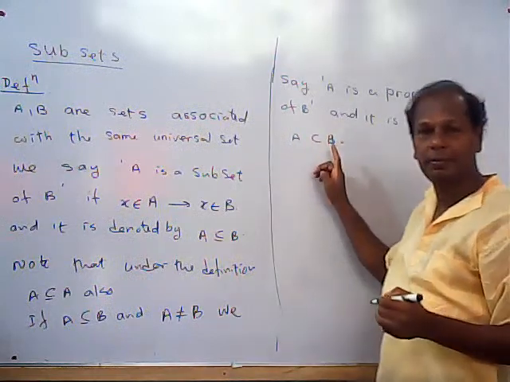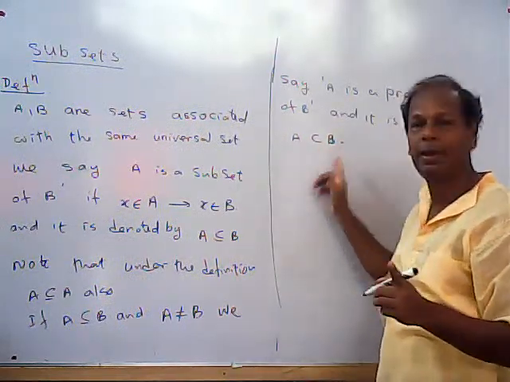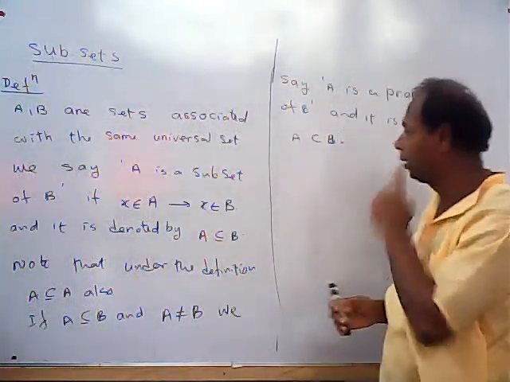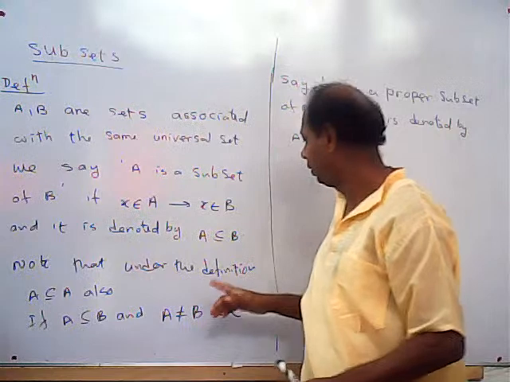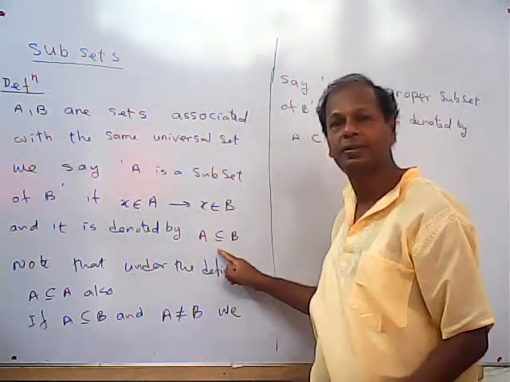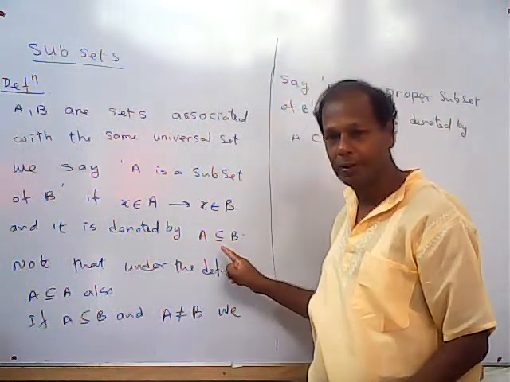You write it like this if you are quite sure that A and B are distinct, not the same. If not quite sure, this is the notation. This is the general notation to say A is a subset of B, right?